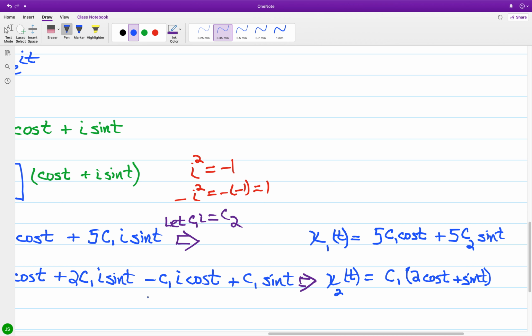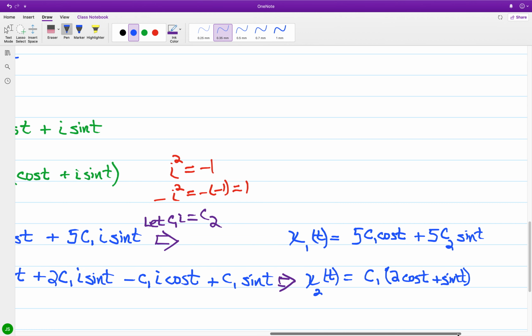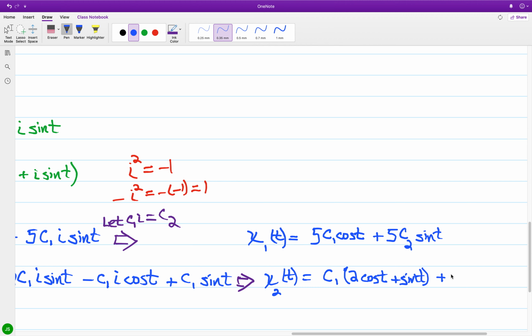And where we had the c1i terms, letting that be in reference to c of 2, we have c of 2 times the quantity 2 sine of t minus the cosine of t.